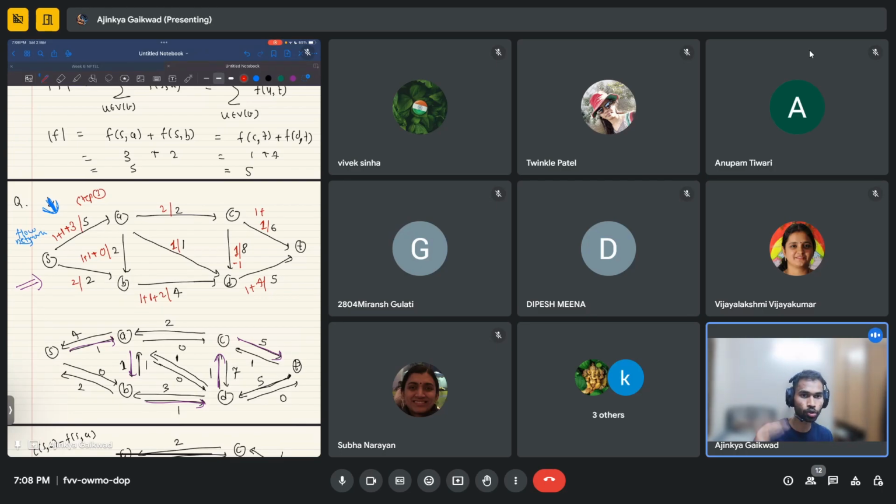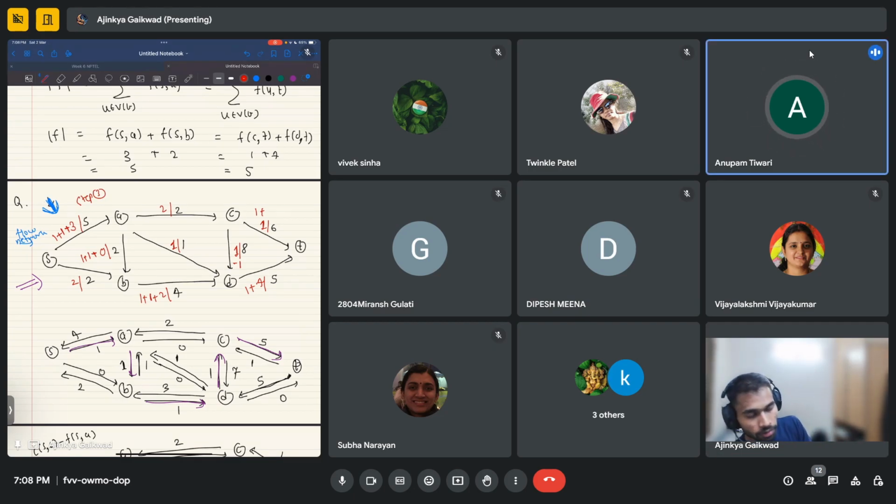From B to D, I had an edge. So I was doing +1, +1, +1. When you go in the opposite direction in the residual network, you do -1, right? From D to T, I went in the residual network in the augmenting path, but the edge inside the flow network is C to D. So this is like increasing the flow by -1 because the direction is opposite, right?